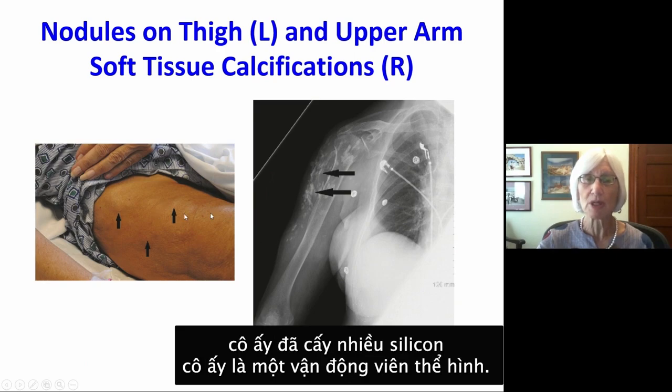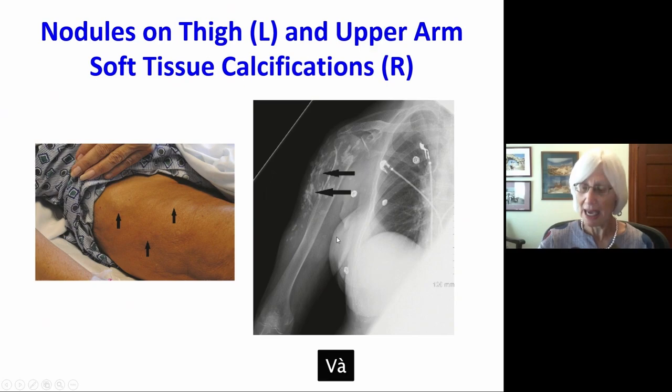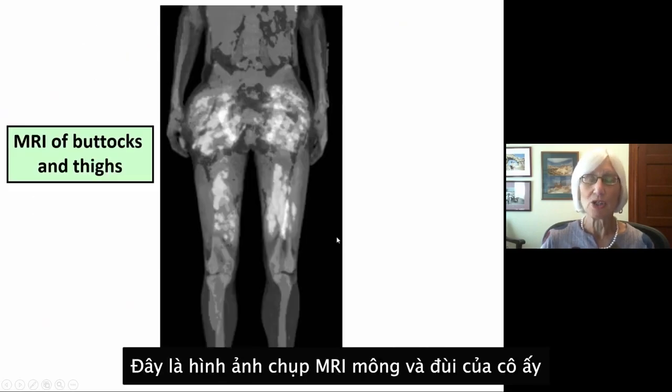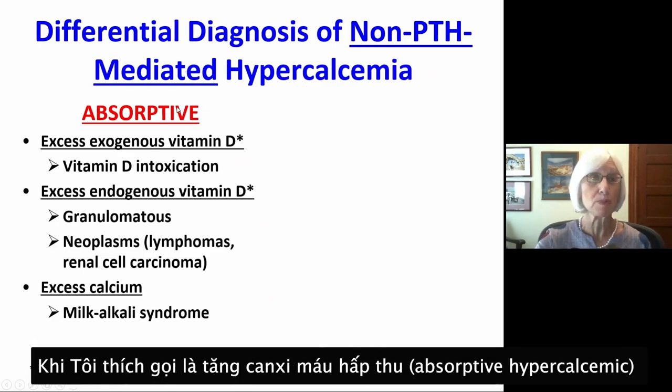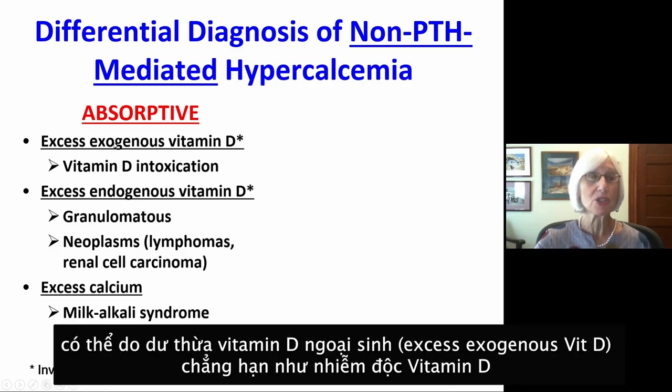She had multiple silicone implants. She was a bodybuilder, and this was an MRI of her buttocks and thighs. And this is part of what we look for in non-PTH mediated hypercalcemia, part of what I like to call the absorptive hypercalcemic, which can be from excess exogenous vitamin D, such as vitamin D intoxication.